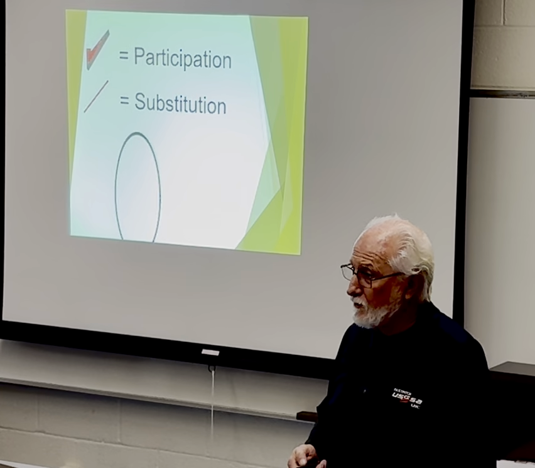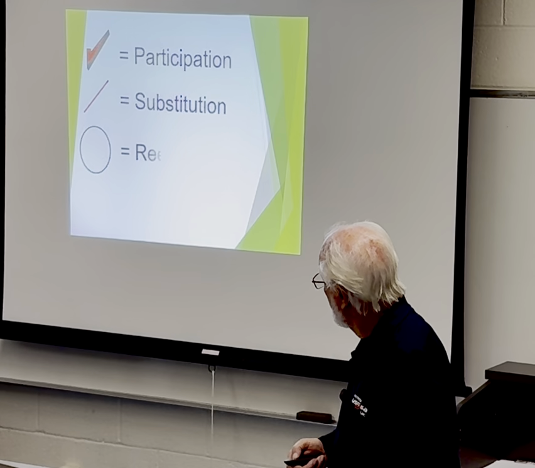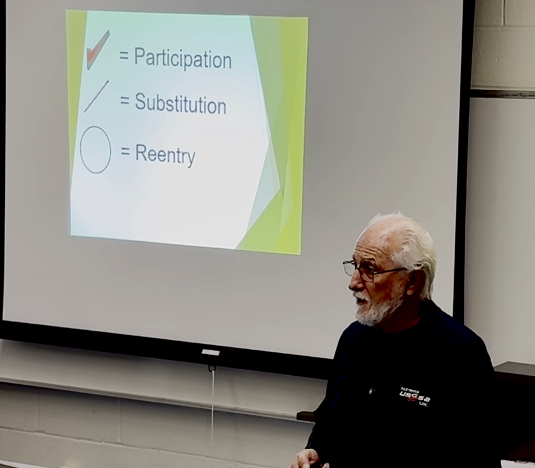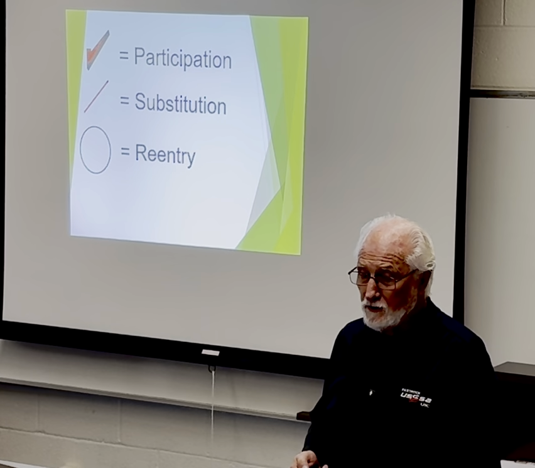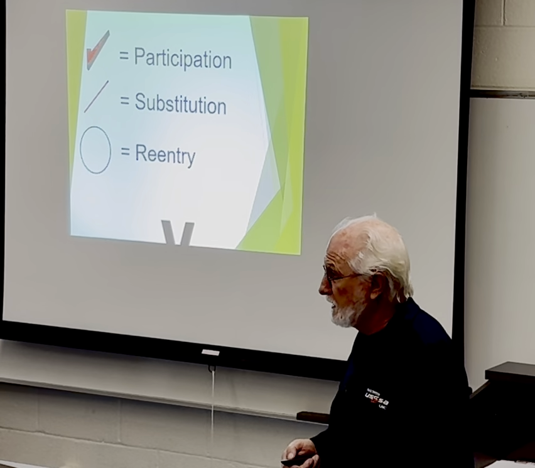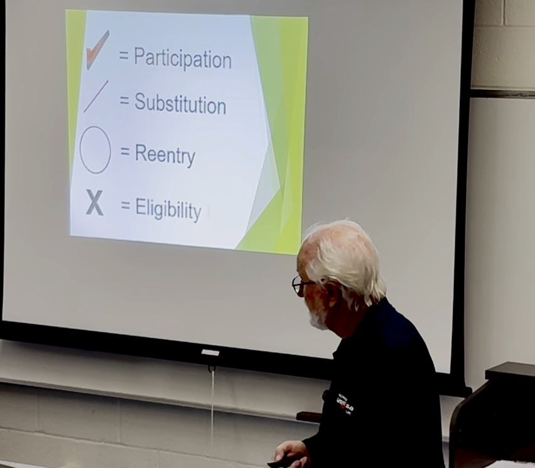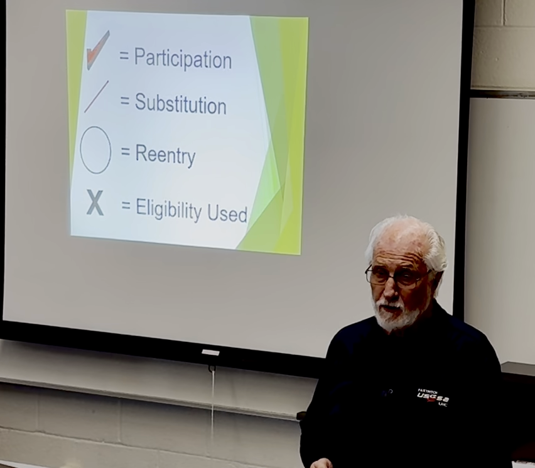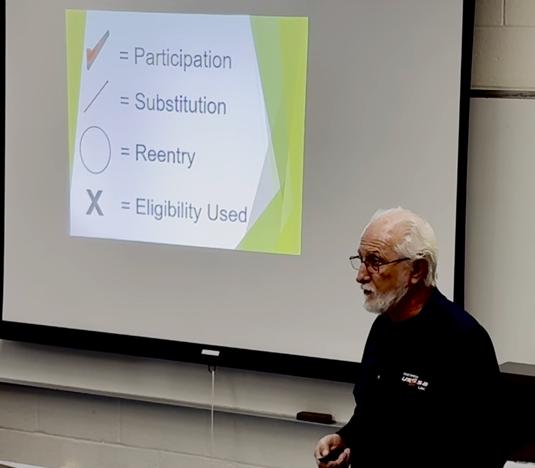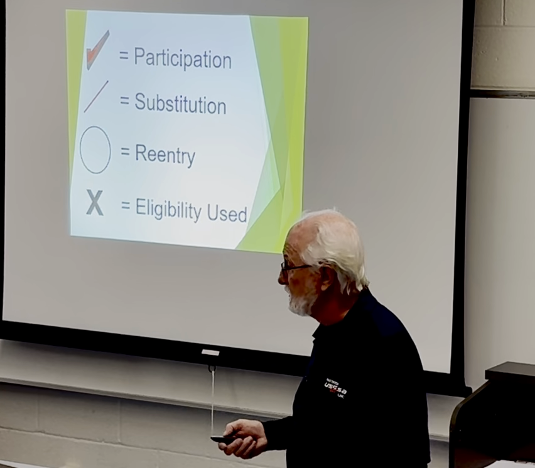I use a circle or an oval to indicate that there's re-entry. All girls have 1 re-entry privilege. After they've left the game a second time, I use an X to indicate that that person has used up their eligibility. For the most part, I use these 4 symbols. There are other things as we go on.